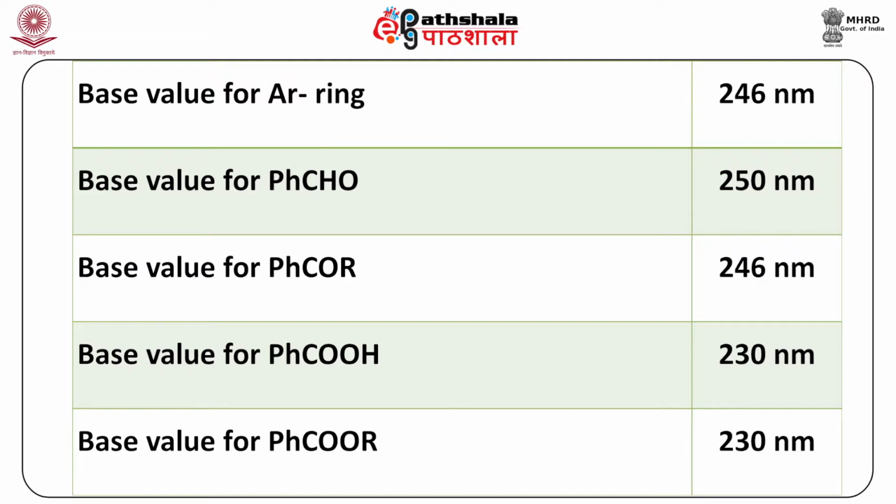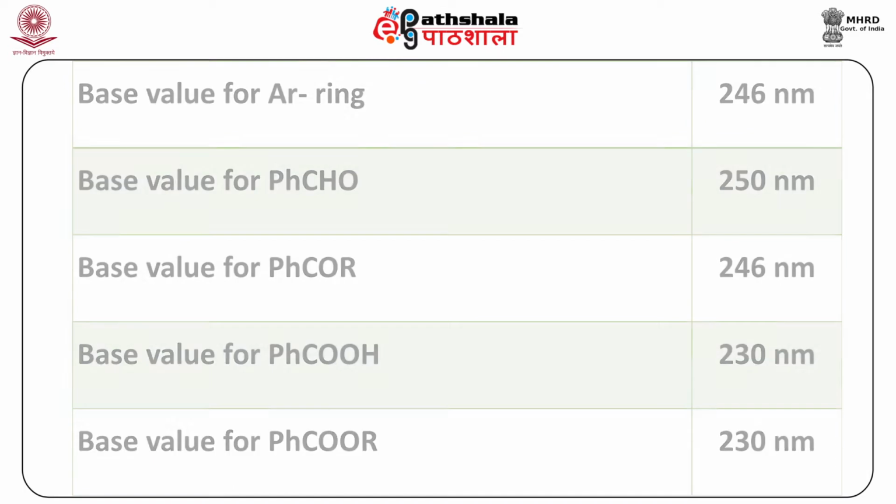If ketone is attached to the benzene ring, base value is 246 nanometer. If carboxylic group is attached to the benzene ring, then the base value taken is 230 nanometer. For ester group attached to the benzene ring, base value taken is 230 nanometer.